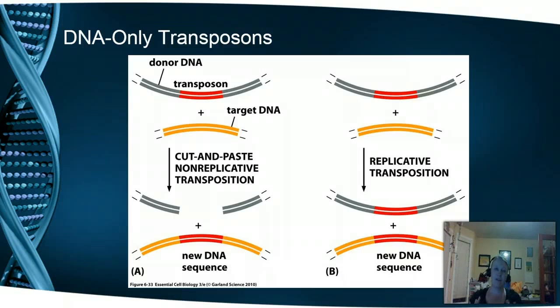So the first of them are DNA-only transposons. These require DNA to move around, and usually they have to be double-stranded DNA, and they will move from DNA to DNA. In this case, you can see the two examples we have. We have cut and paste non-replicative transposition. This is where the transposon will remove itself from the original DNA and stick itself in the new sequence.